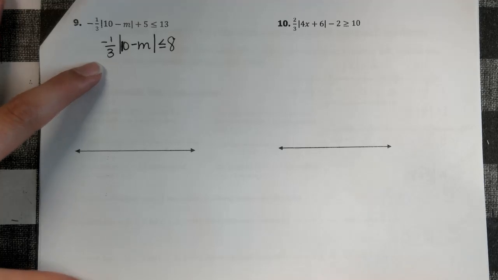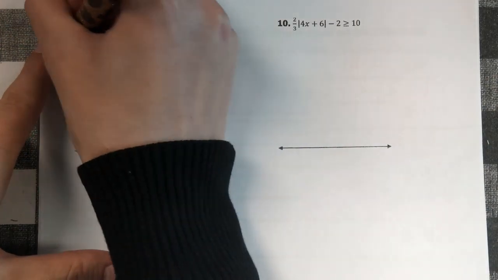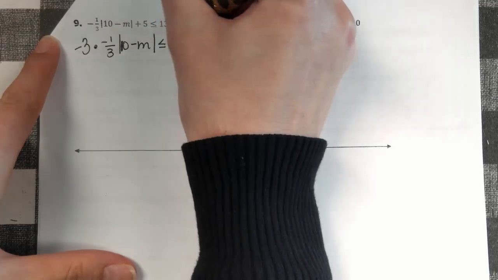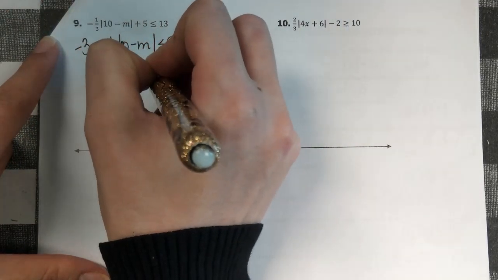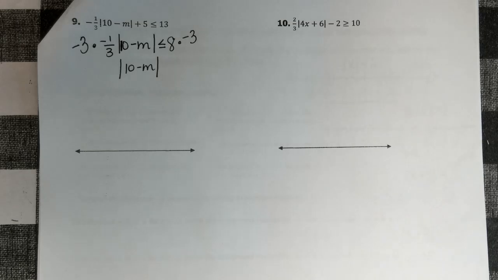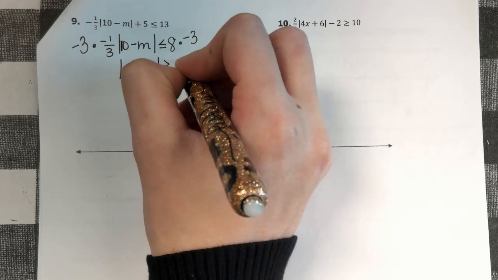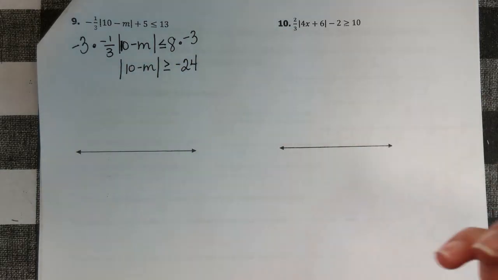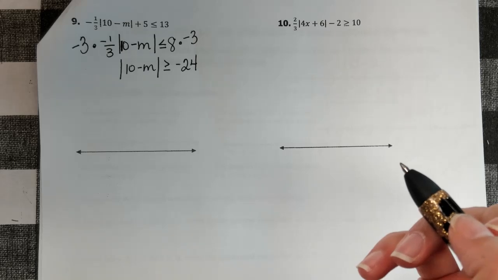Now I said no division because you do not divide. You multiply by negative 3. What happens whenever you multiply by a negative? You flip your sign, and that becomes negative 24. Then what? You subtract 10.